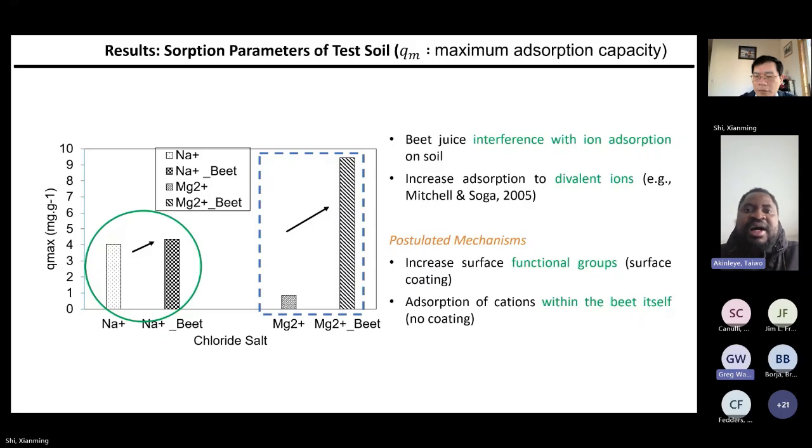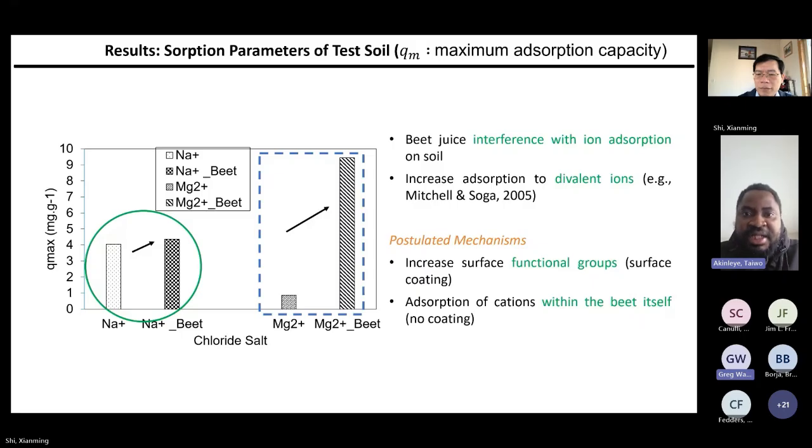We believe that the beet juice has its own chemical properties, and these chemical properties are interacting with the soil. So the cations and the anions from these deicer solutions are being affected by the presence of the beet juice, and adsorption and desorption on the surface of the soil particles are influenced by beet juice addition.